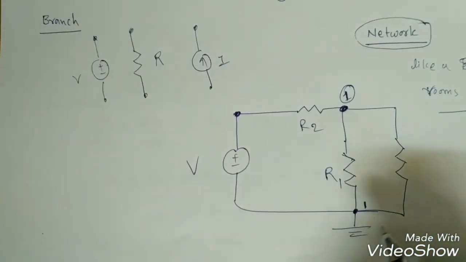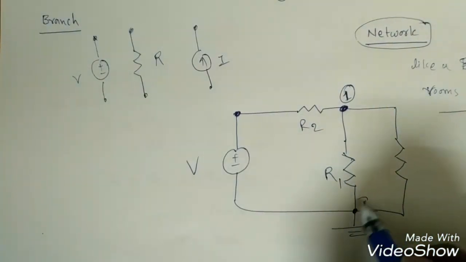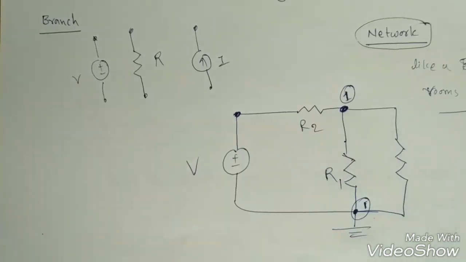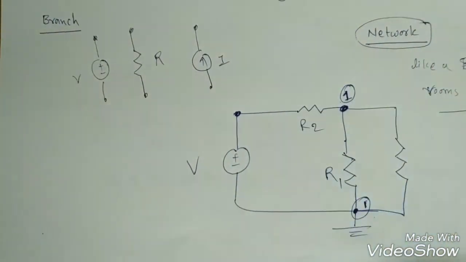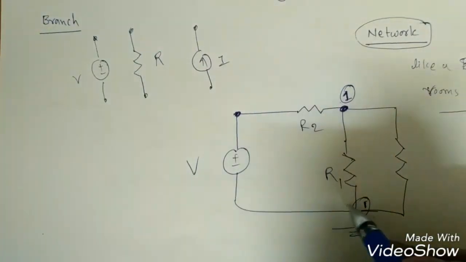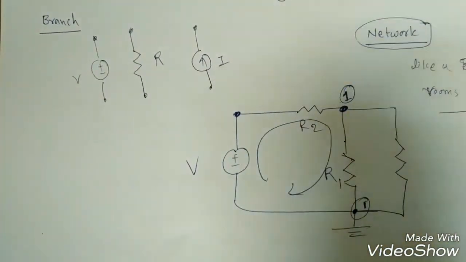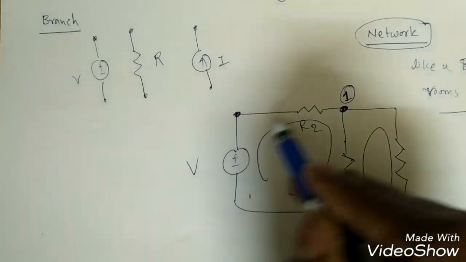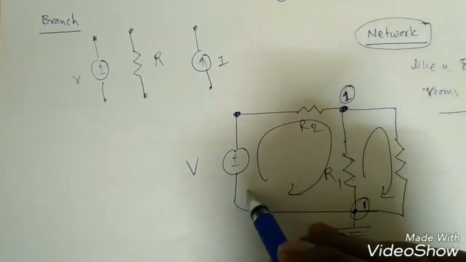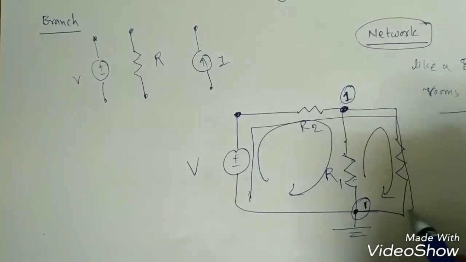We can say principal node also. So this is a reference node, so it will not count as a node. So only one node remains for solving problems, right? And see, this is one loop and this is one loop, and we can have another loop also, right? See, from here to here, the outer loop.